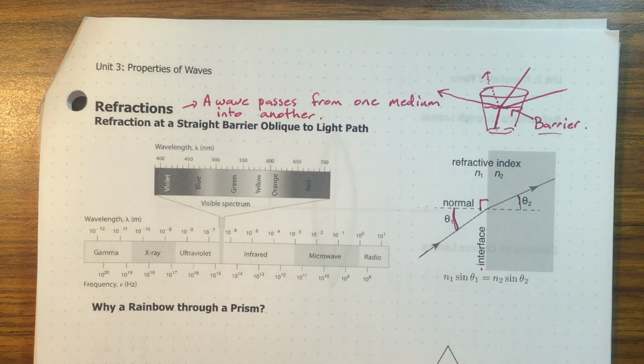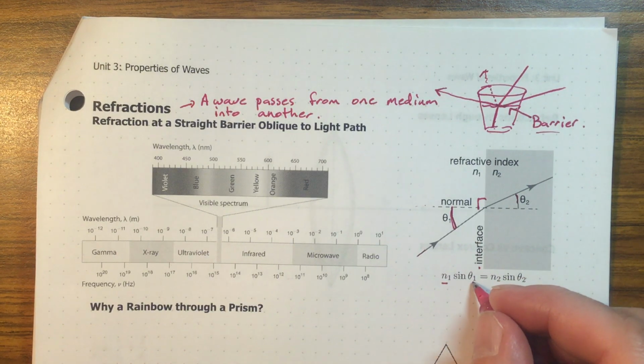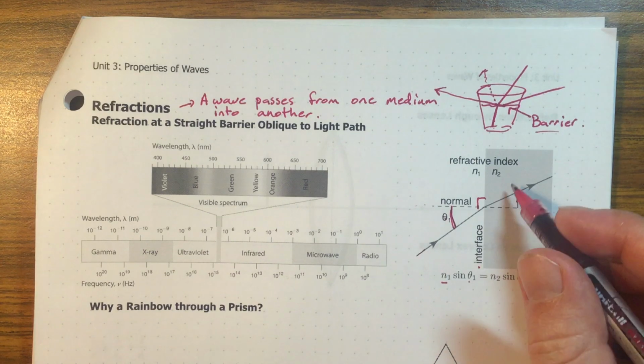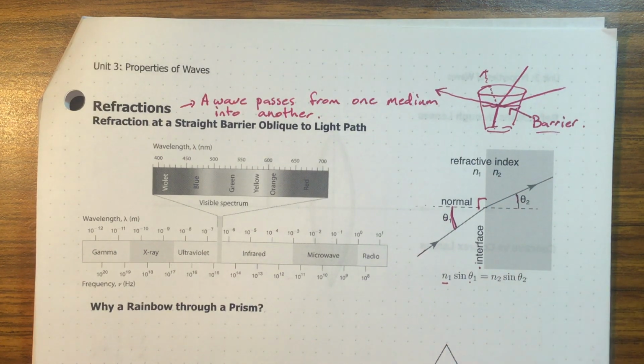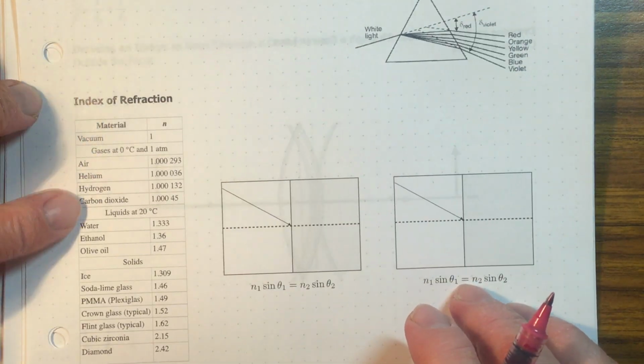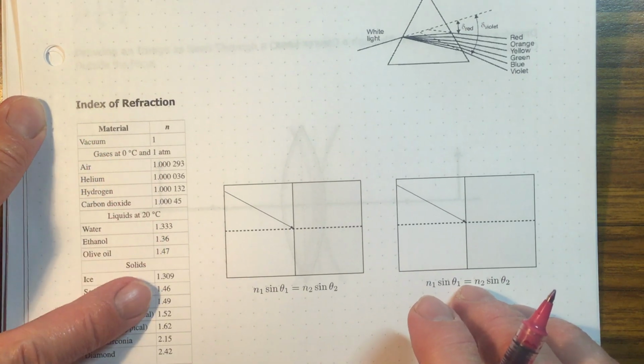There is a formula that relates the two angles: n1 times sine theta 1, that's the angle for this, equals n2 times sine theta 2. The n's are found down here in our index of refraction chart. The higher the n, the more the light bends.